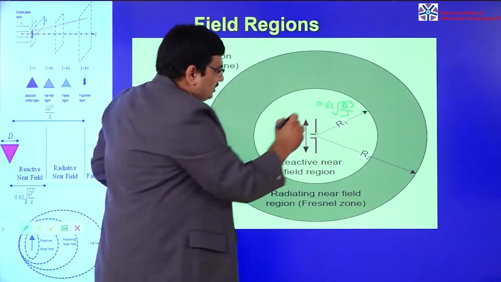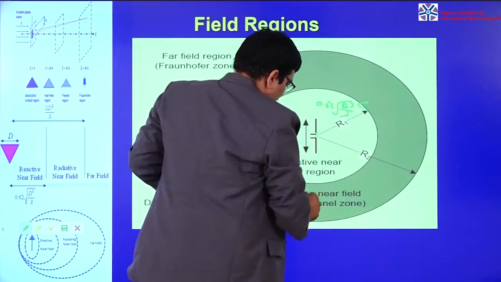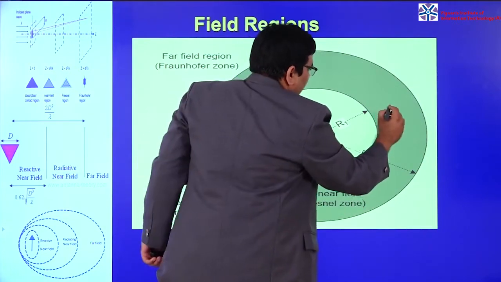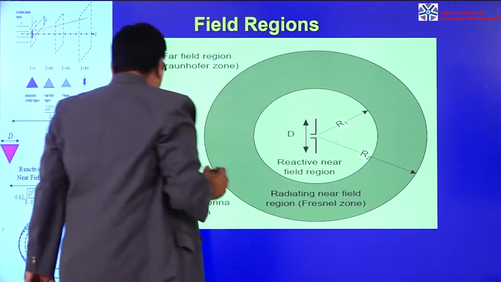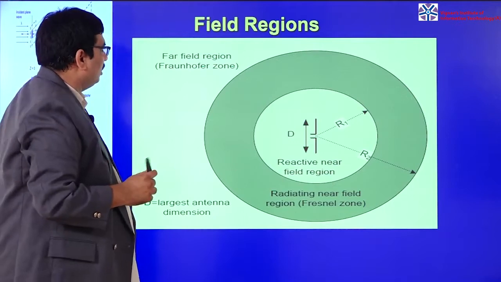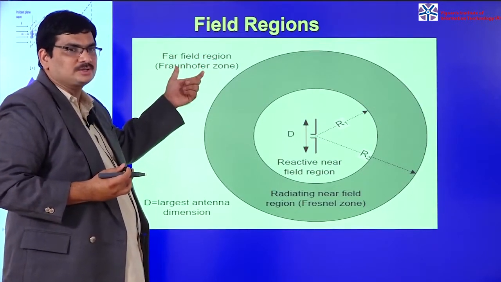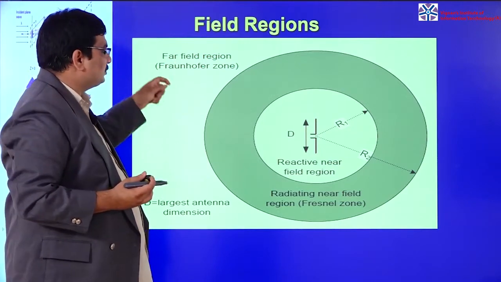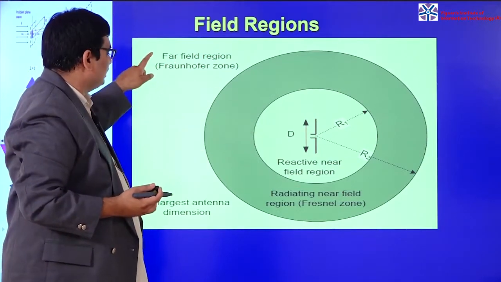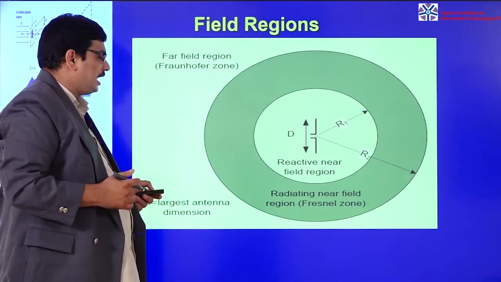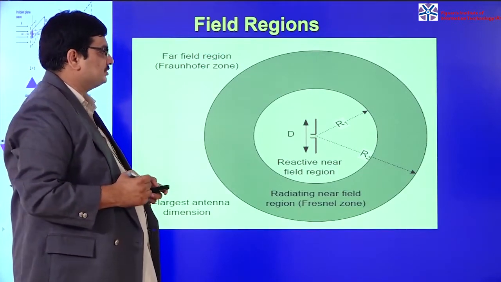The next region is the Fresnel region, where the distance is 2L square by lambda. The third one is the far field region, or Fraunhofer zone, where the distance from your antenna is 2d square by lambda, where d is the largest dimension we are using.